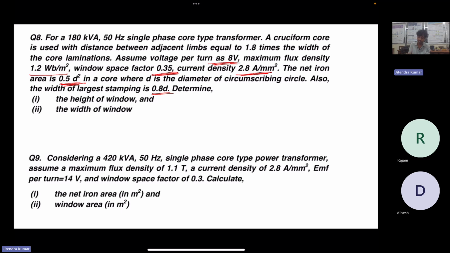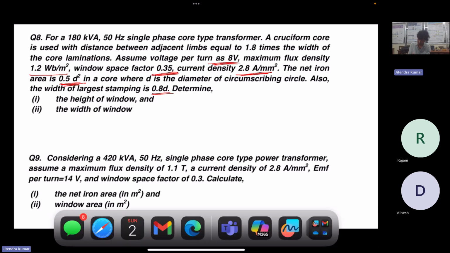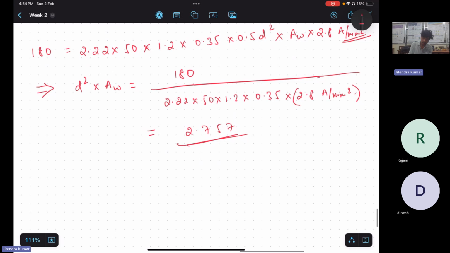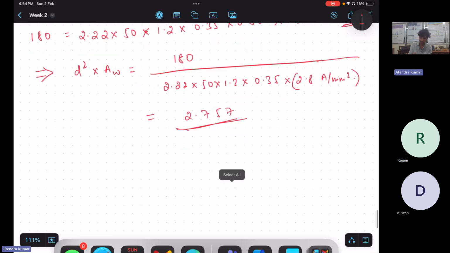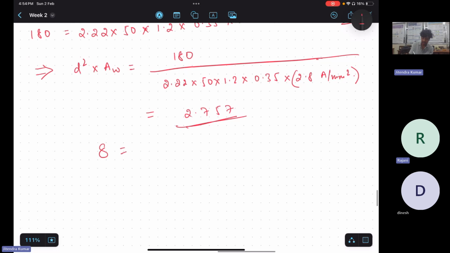With the help of that, we can calculate the area of the iron. So 8 is equal to 4.44 into 50 hertz into Bm, 1.2, into area of iron.